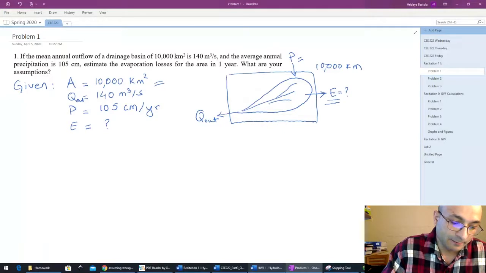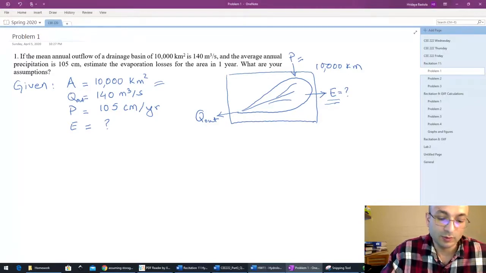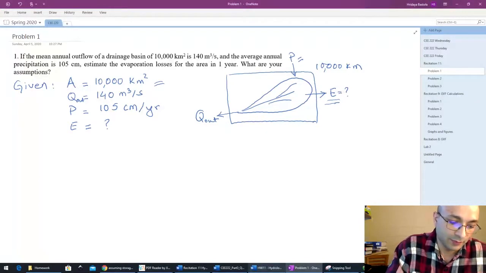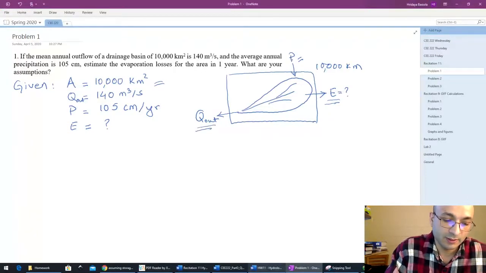To solve this problem, we need to make a couple of assumptions. First, that there are no other fluxes besides the outflow through stream discharge, the precipitation, and evaporation. The second assumption is that there is no change in storage over that time period.